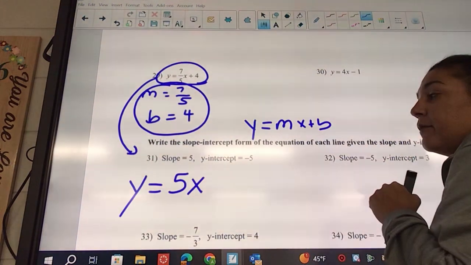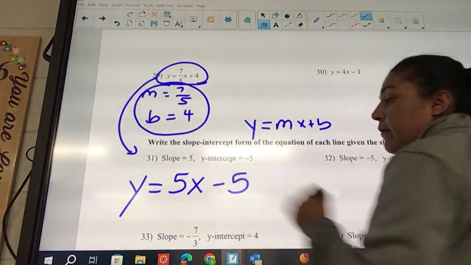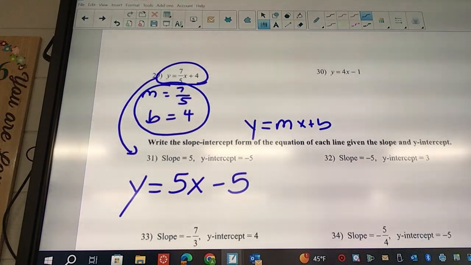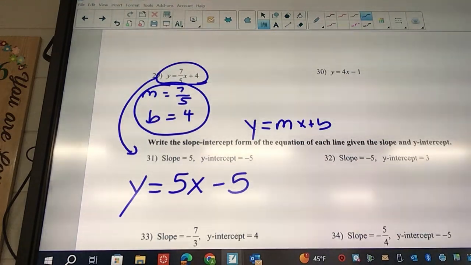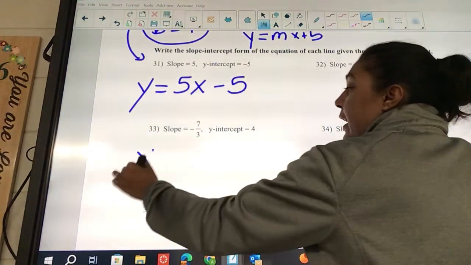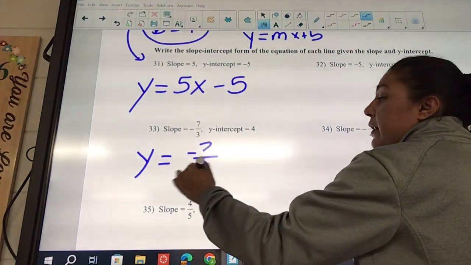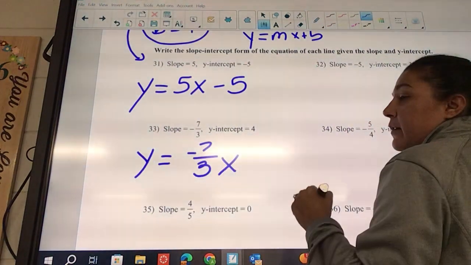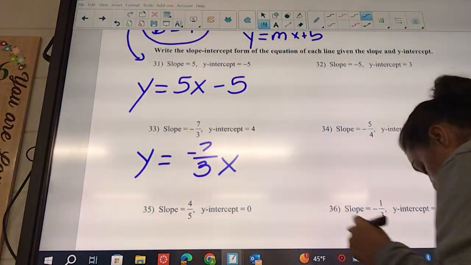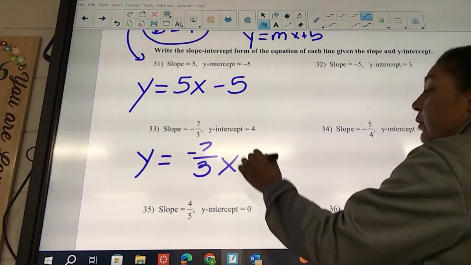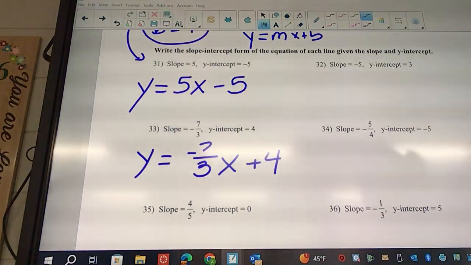And what's my b? -5. Okay, 33. I'm gonna say y equals what? -7/3, that's my slope. X, what's my b? 4, so it's really gonna be +4.